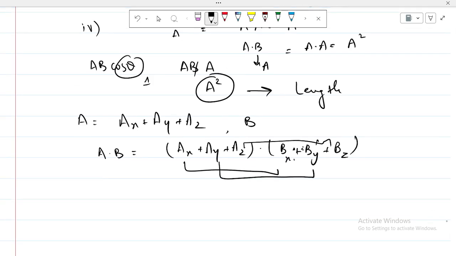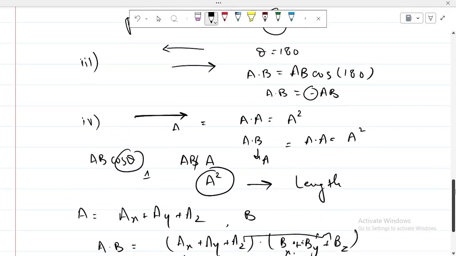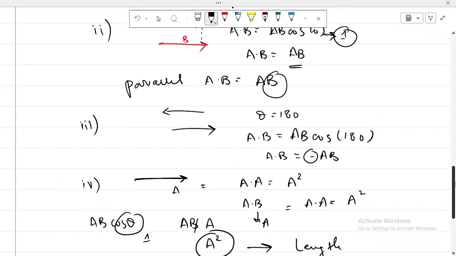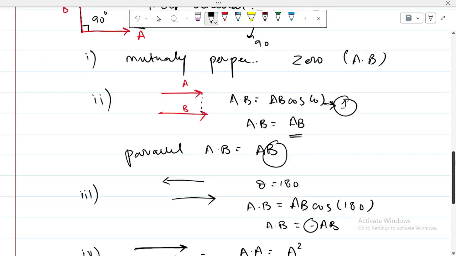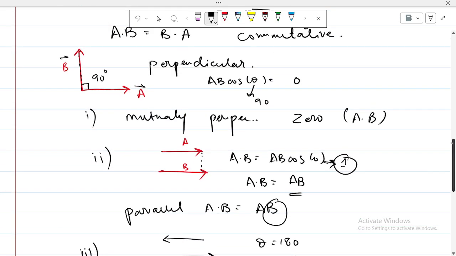If you're wondering why we are doing it this way, it really matters, because if we multiply ax with by, it is actually going to give an answer of 0, because the x component of one vector and the y component of the other are perpendicular to each other. Since y is always like this and x is going to be like this, they always make a 90 degree angle.